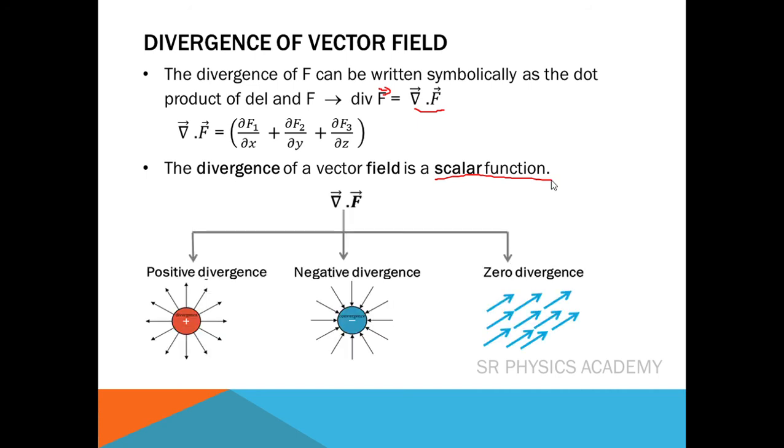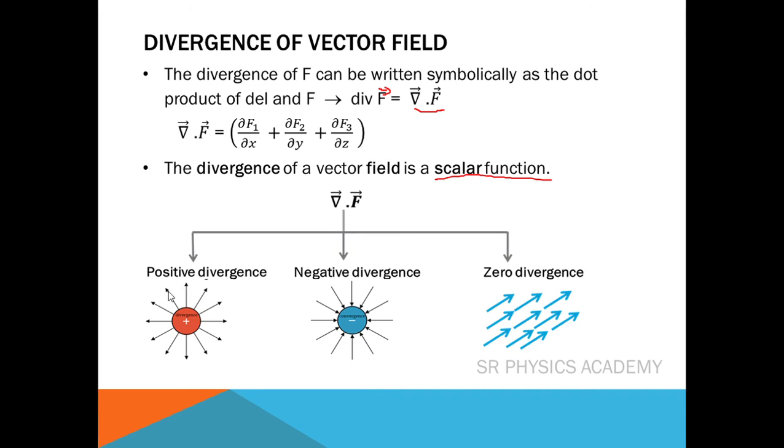We can classify divergence of F into three categories: positive divergence, negative divergence, and zero divergence.